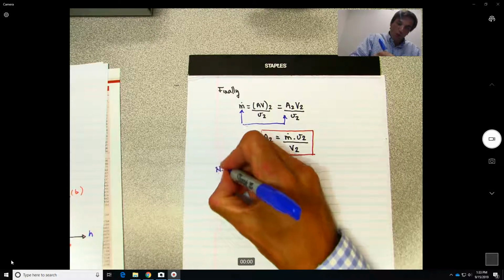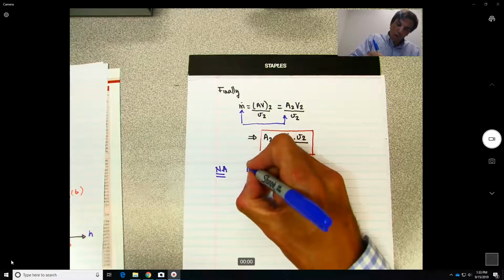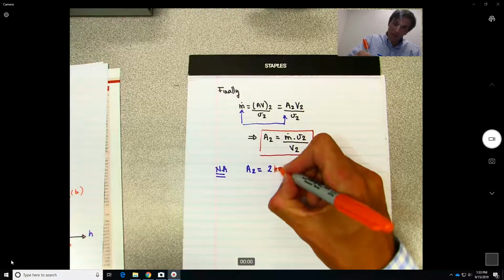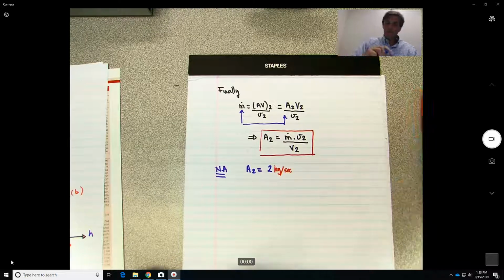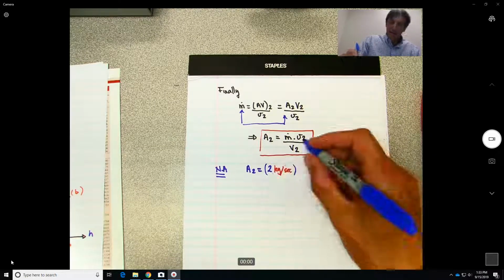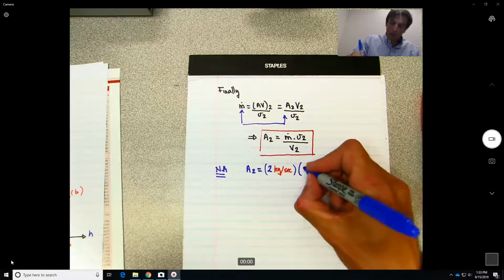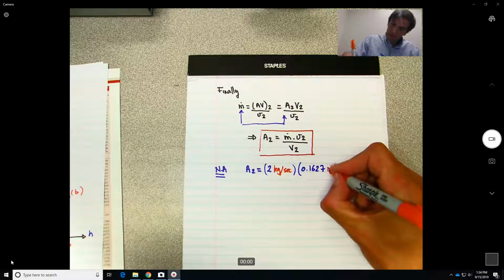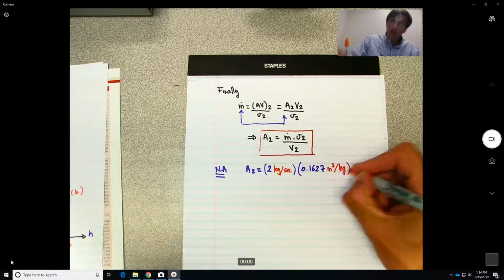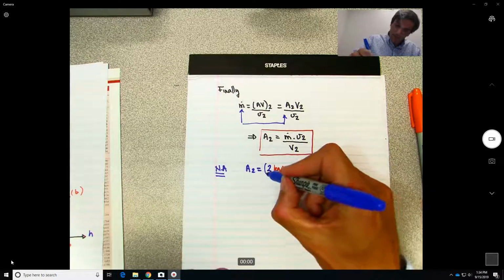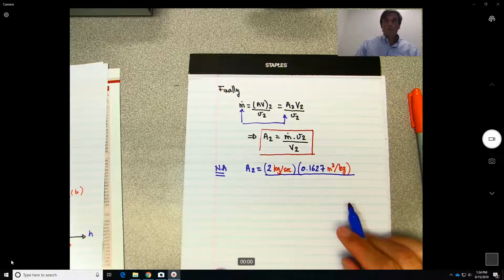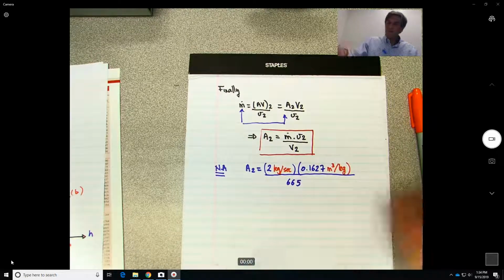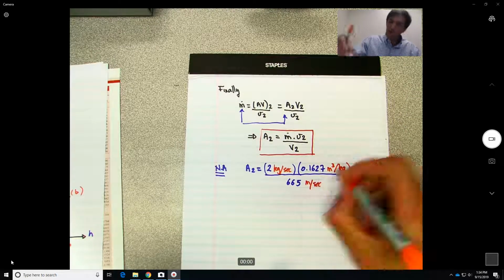So by doing the numerical application, A2 will be equal to, let me use the units here to double check, kilograms per second, times the specific volume that we found to be equal to 0.1627 cubic meters per kilogram, divided by V2, which is 665 meters per second.